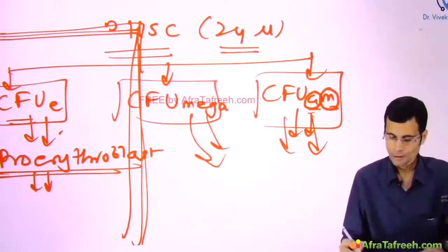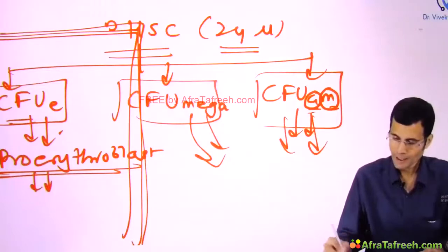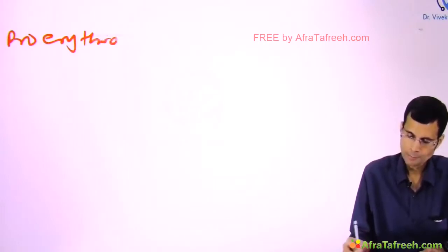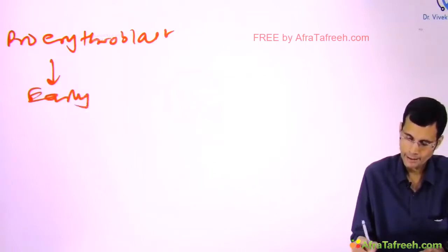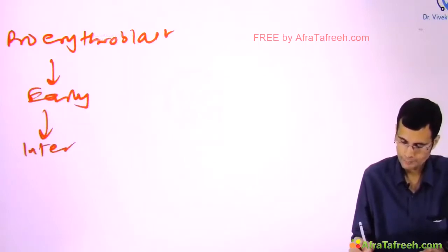Now, proerythroblast will give rise to early, intermediate and late normoblast.